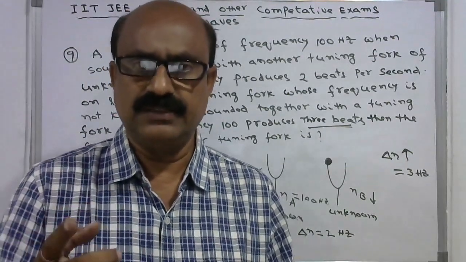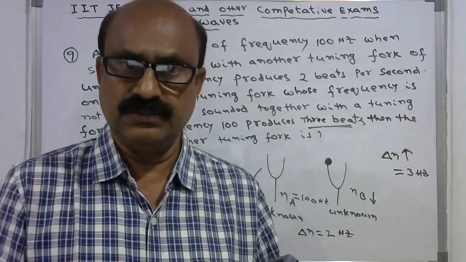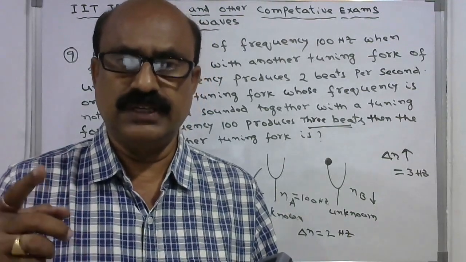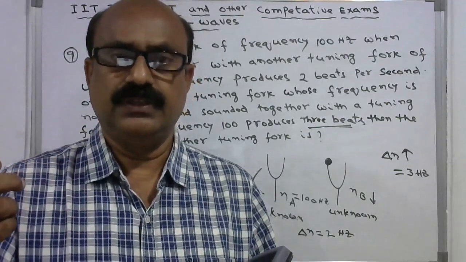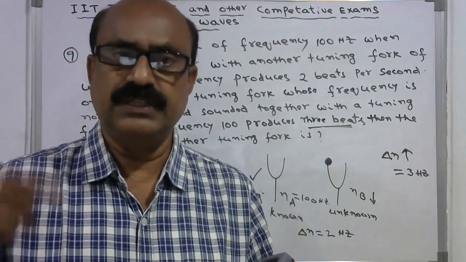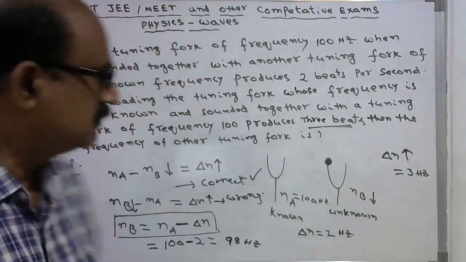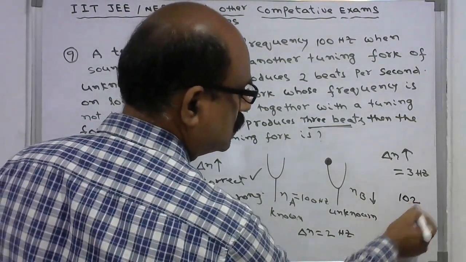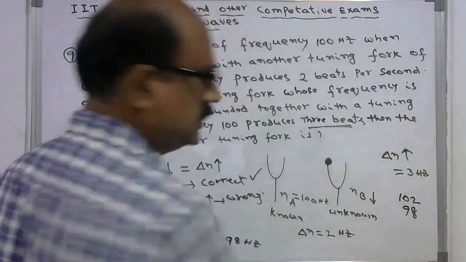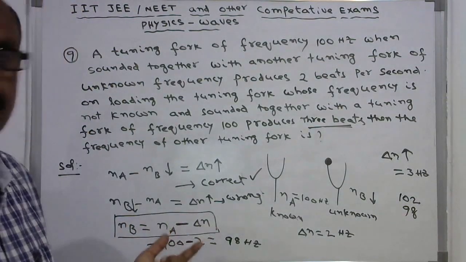If on waxing the beat frequency decreased, then you have to take the higher frequency. If the beat frequency increased, you have to take the lower frequency. Higher frequency here is 102. In this case, lower frequency is 98. So you have to change your formula accordingly.